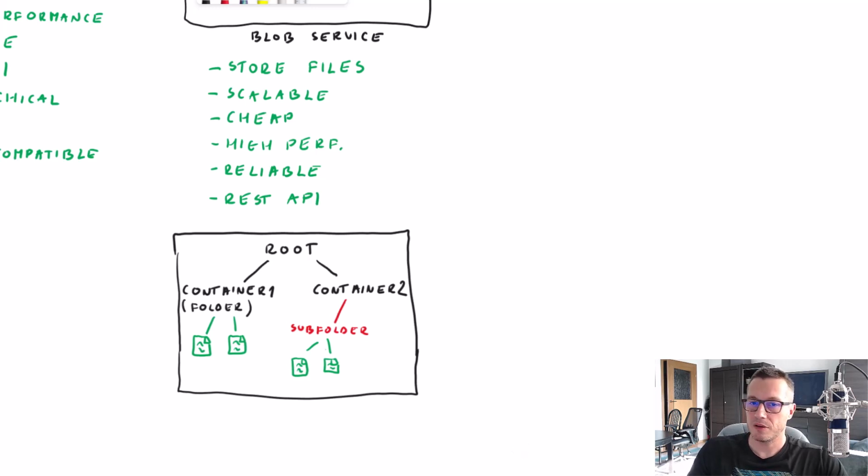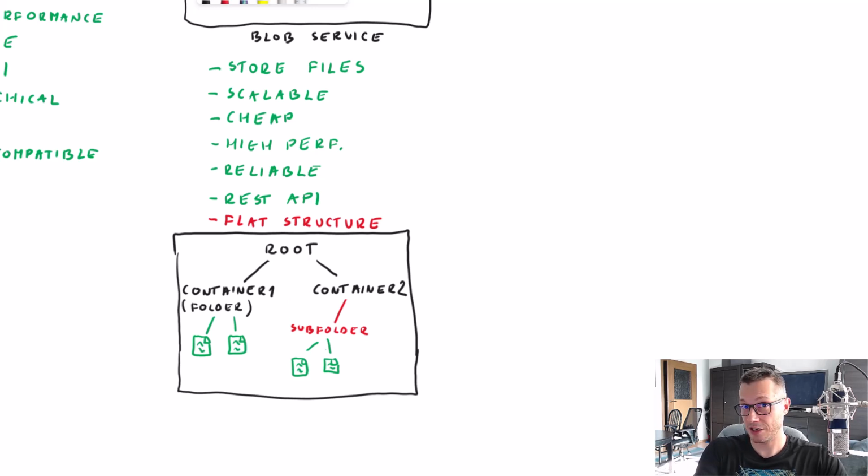In case of Blob service, we cannot have those hierarchies. The structure is completely flat. And what I mean by this? The directory, this virtual folder we created, it doesn't really exist.